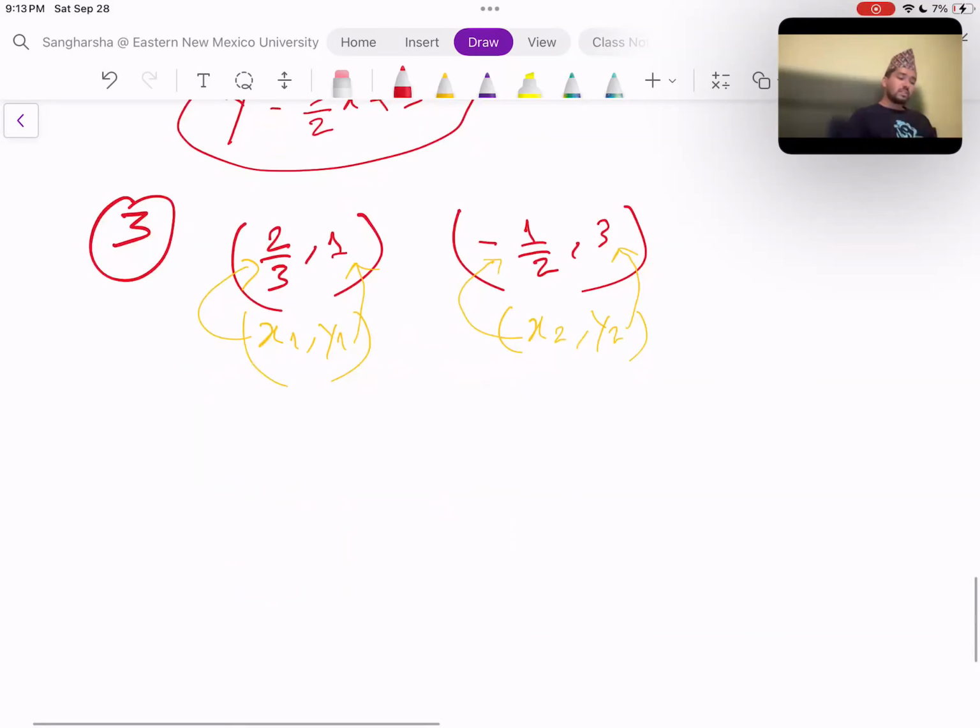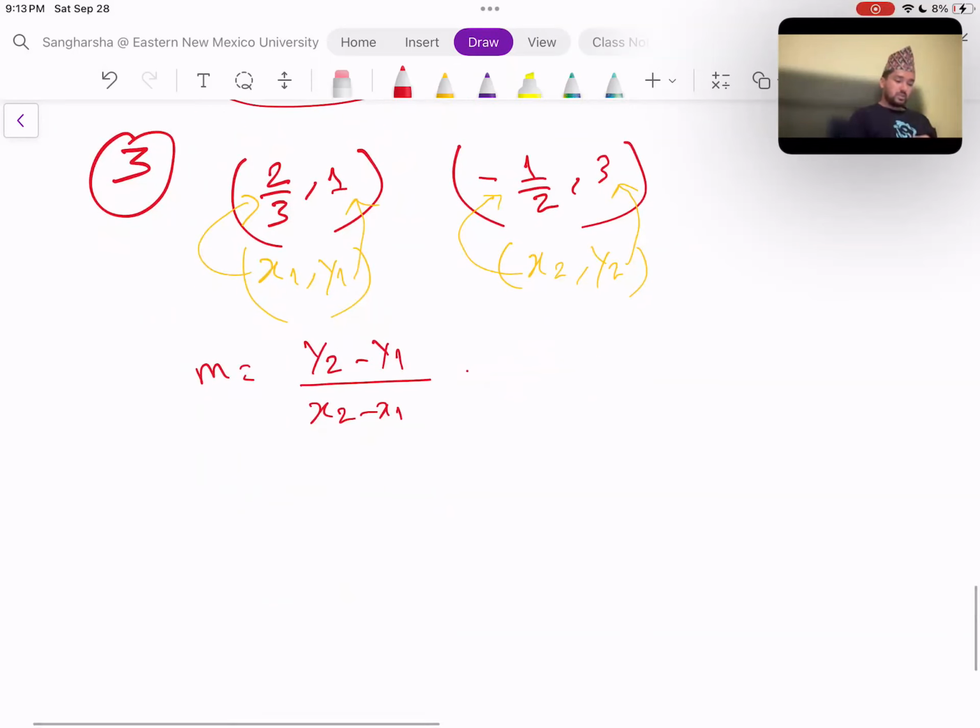You are asked to find the slope. So our slope m is y2 minus y1 divided by x2 minus x1. Now we substitute. Our y2 is 3 minus y1 is 1, divided by x2 is -1/2 minus x1 is 2/3.